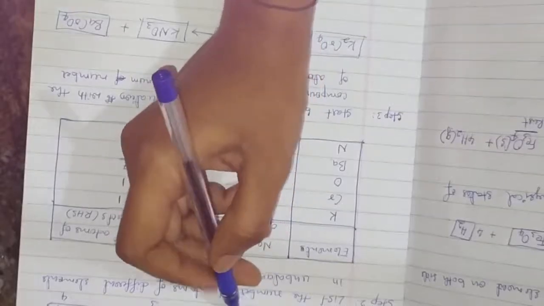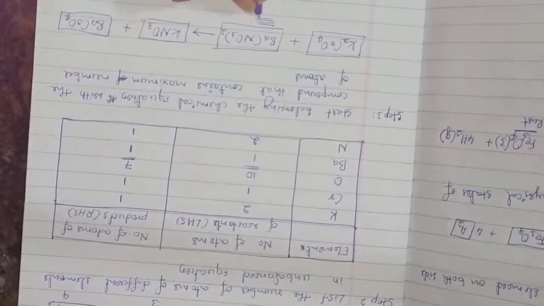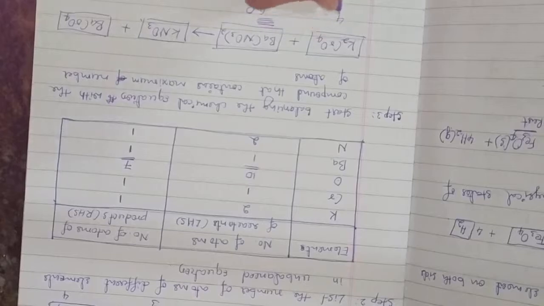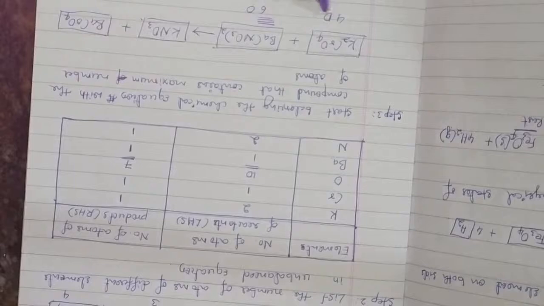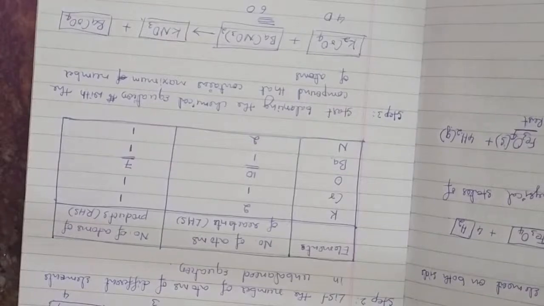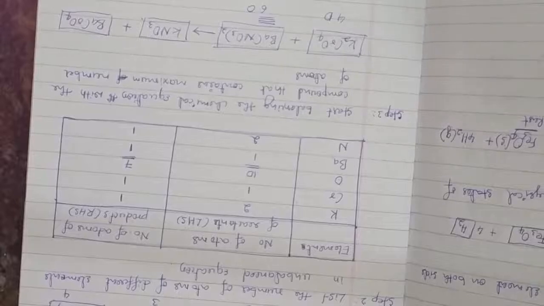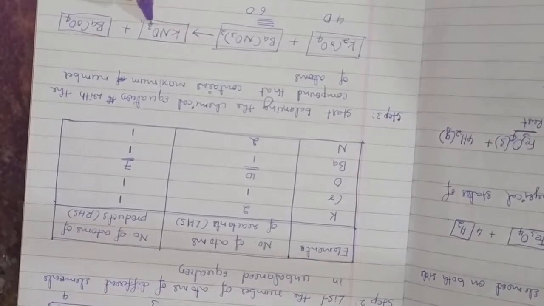Therefore we will start balancing the chemical reaction from this compound. On the reactant side total 10 oxygen atoms are there, but on the product side 7 oxygen atoms are there. So here we need 3 more oxygen atoms.